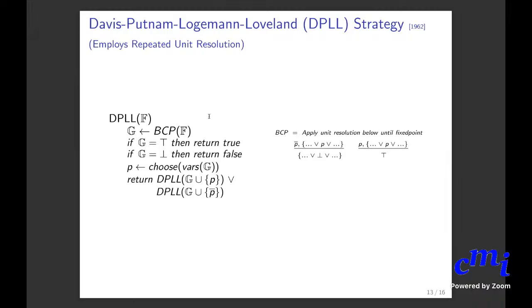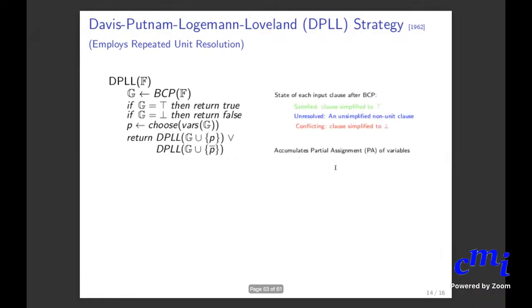This is iterative: you keep applying these rules until one of the clauses simplifies to false, in which case you know that the original formula is unsatisfiable, so you say false.